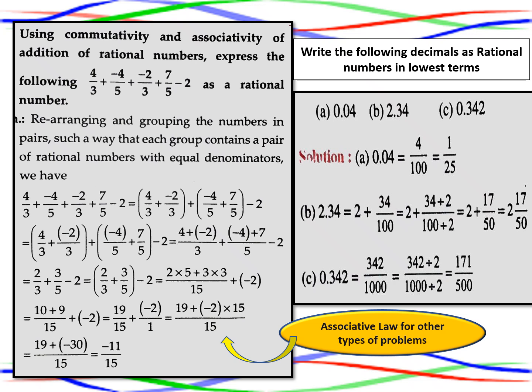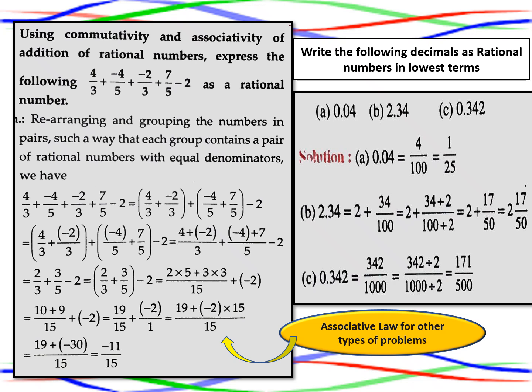The ones which have denominator 3 are combined, and the ones which have 5 are also combined, and minus 2 is done later. Actually, if you visualize these 4 by 3 and minus 2 by 3, it can be done in the mind. 4 by 3 and minus 2 by 3, it is 2 by 3.